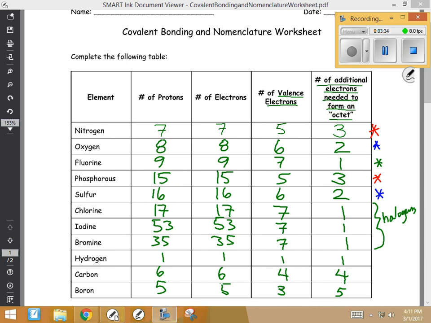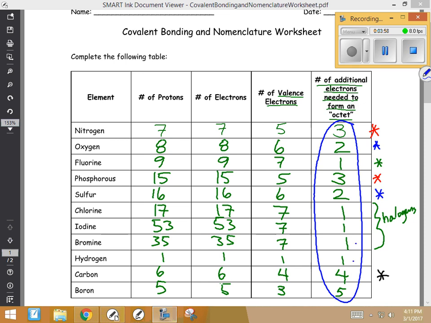Your special one is carbon. 4 electrons to form an octet. Now here's an interesting thing. These numbers over here, these numbers required to form an octet, also give you insight into how many bonds that the element is likely to form.